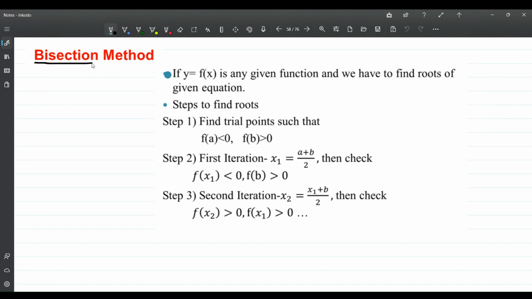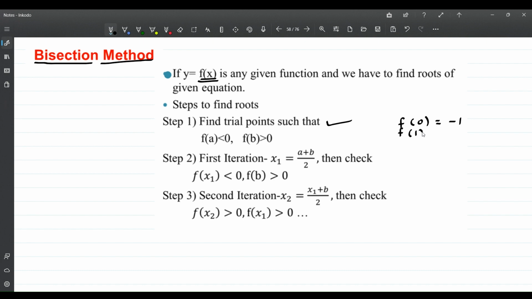In this method, the first step is to find trial points. First, let us take the given equation as f of x, and call it equation 1. Then find trial points starting from 0 such that f of a is less than 0 and f of b is greater than 0. If we put x is equal to 0, then the answer will be minus 1.